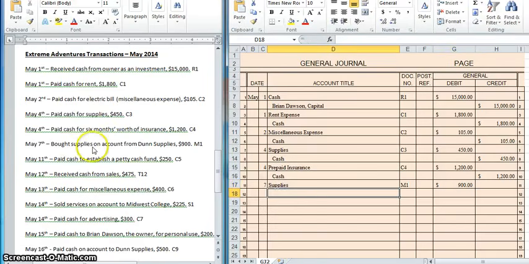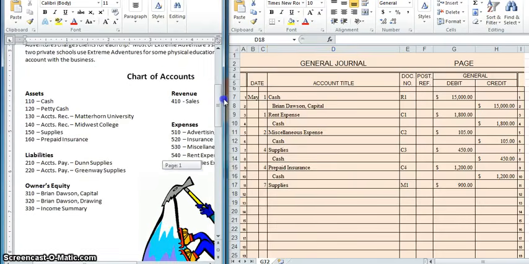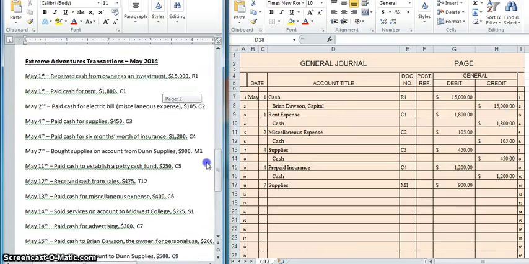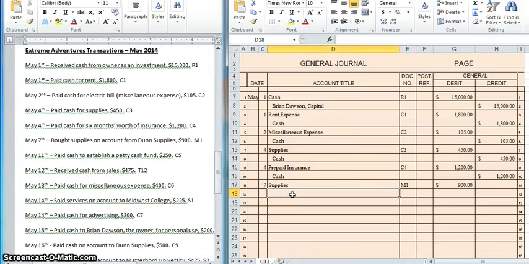Now, we bought these from Dunn Supplies. And if I go to all of my accounts, I have a liabilities account called Accounts Payable Dunn Supplies. So that's what I'm going to use for this one because that is the people that we purchased the supplies from. And we just give them a credit of $900.